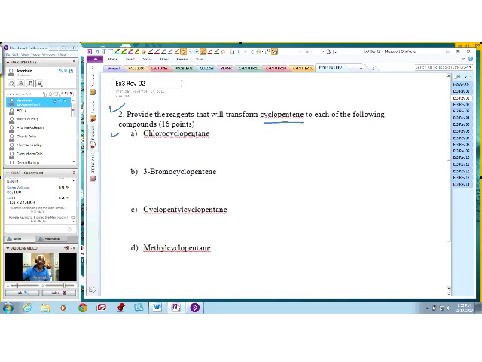So let us start with A. We have cyclopentene. This is another case of knowing your reagent. We say we want to make this here. So in other words, we are going from an alkene to an alkyl chloride, an organohalide.